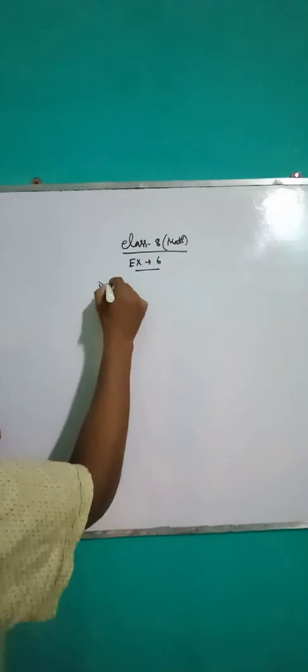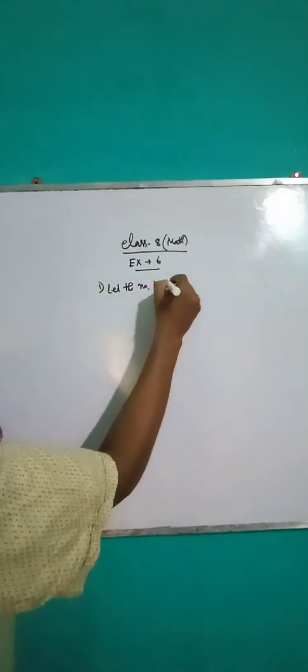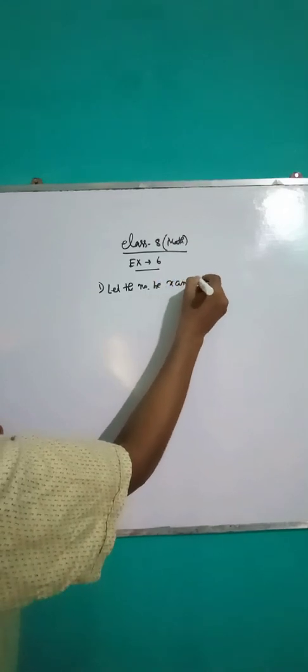So see that, suppose if I discuss your question number 1. What is it? Sum of the two numbers. Then of course the numbers would be required to find out. Let the numbers be x and y.